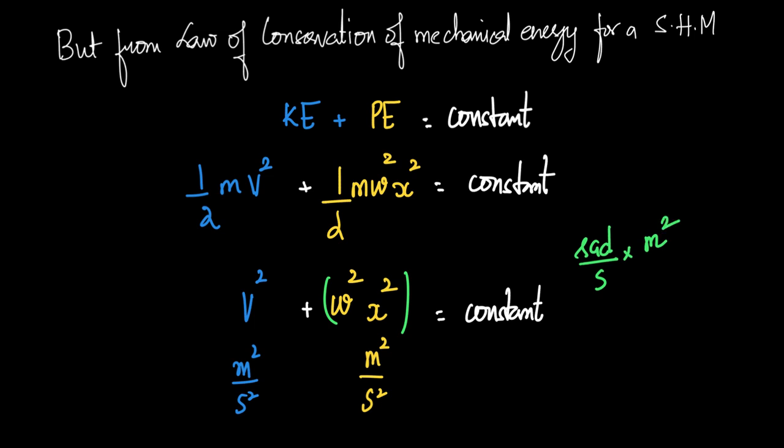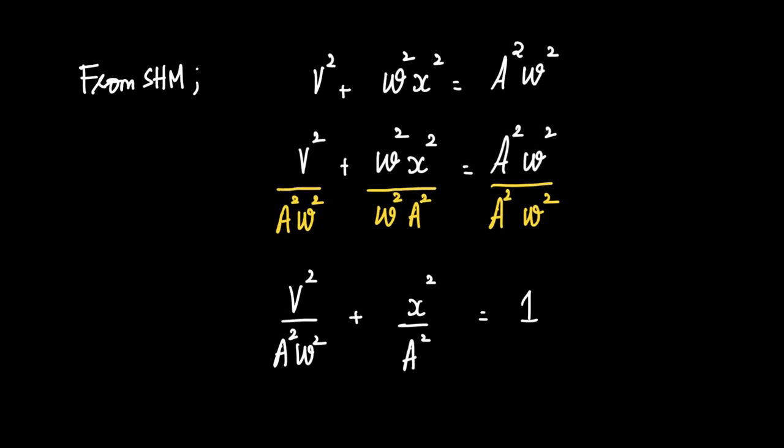So this becomes meter square per second square. And since radian is a dimensionless quantity, the dimension of this term becomes m square by s square. Now this equation is dimensionally consistent. Not clear? Let's spend some more time.